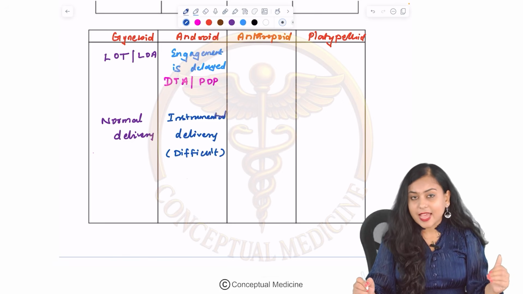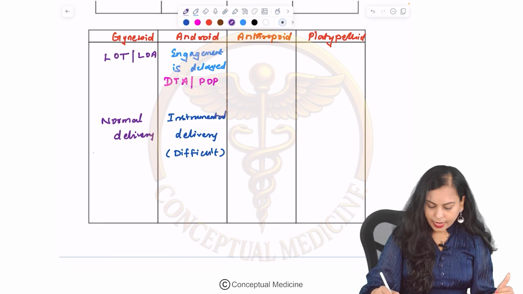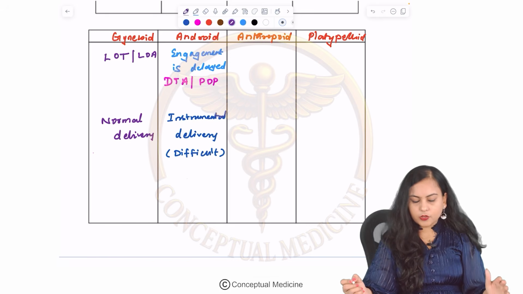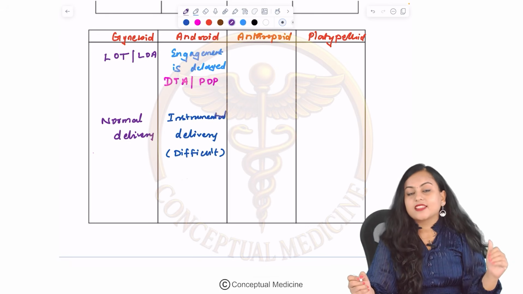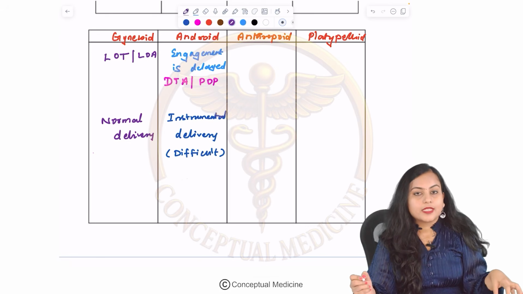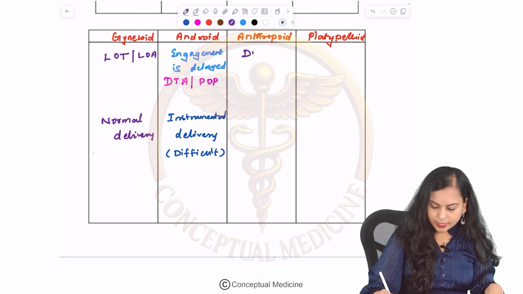Okay. Next is anthropoid pelvis, right. In anthropoid pelvis, the diameter of engagement in the pelvis is going to be your anteroposterior diameter. So, here you will get direct occipito-posterior position.